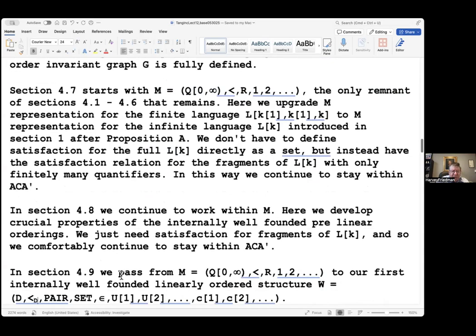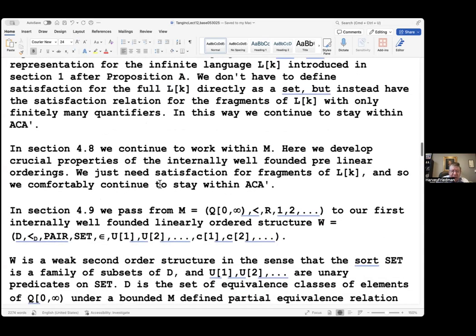All right, in section 4.8, we continue to work within M, and we develop crucial properties of the internally well-founded prelinear orderings. We just need satisfaction for fragments of L of K again, and so we comfortably continue to stay within ACA prime.